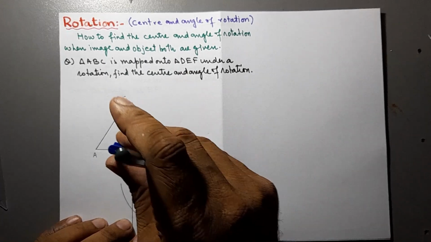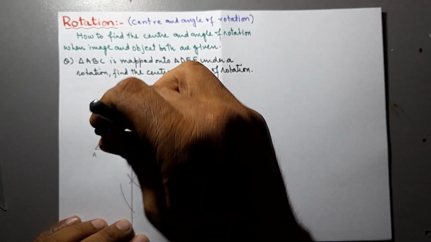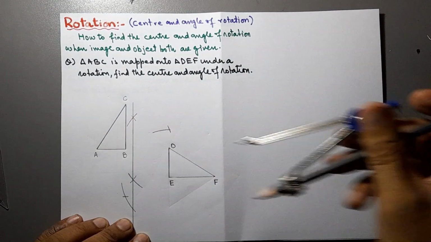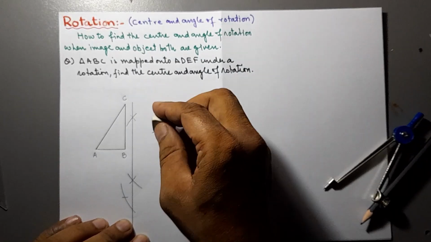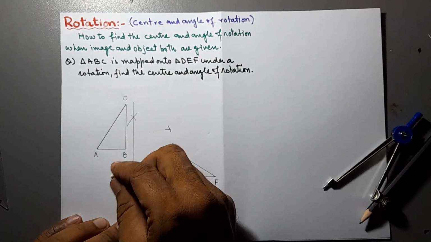With the same radius, I will repeat the process from point E, and I will remove the unwanted portion of the arcs.